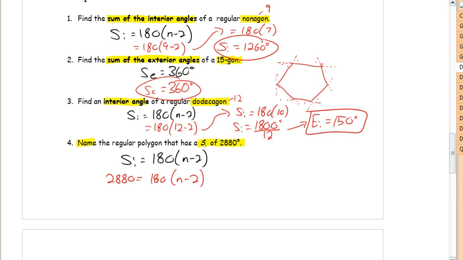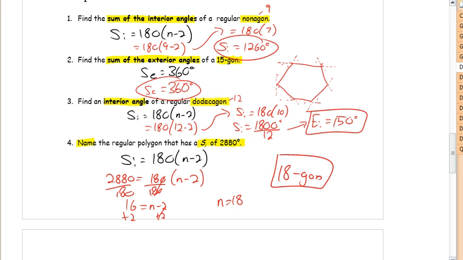If we can get n, we know we can name it. So to get n by itself, we're going to divide by 180, and that comes out to be 16 equals n minus 2. Add 2, so we're going to have n equals 18, which, naming it, we would call an 18-gon.